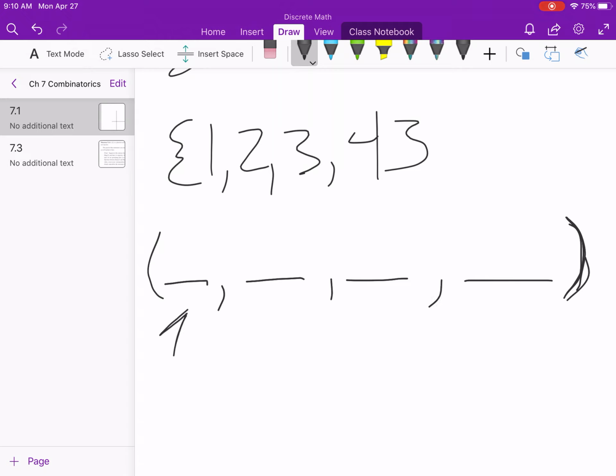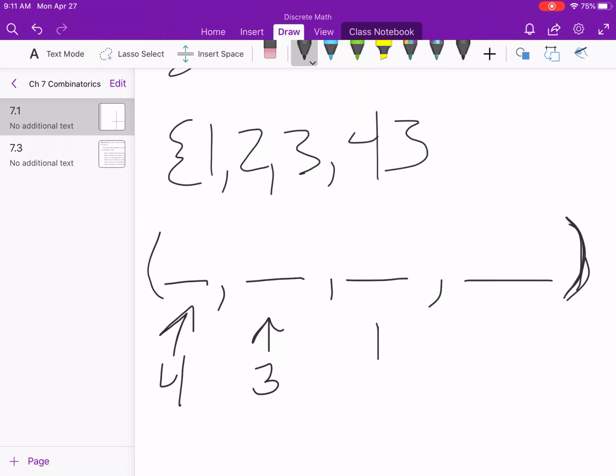I could put 4 things in this slot: it could be 1, 2, 3, or 4. If I choose one of those numbers, then I can't use it in the next slot. So for the next slot, I can make a choice on 3 things.